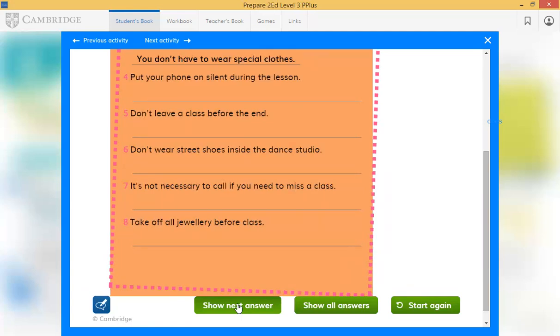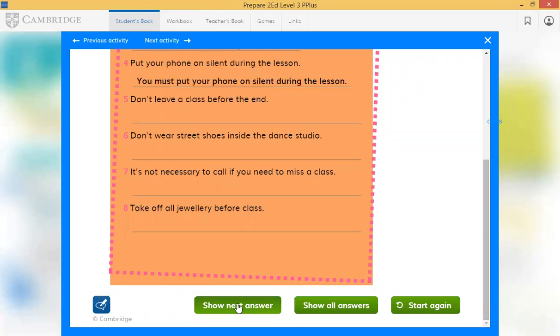Excellent. Number 4: put your phone on silent during the lesson. You must put your phone on silent.